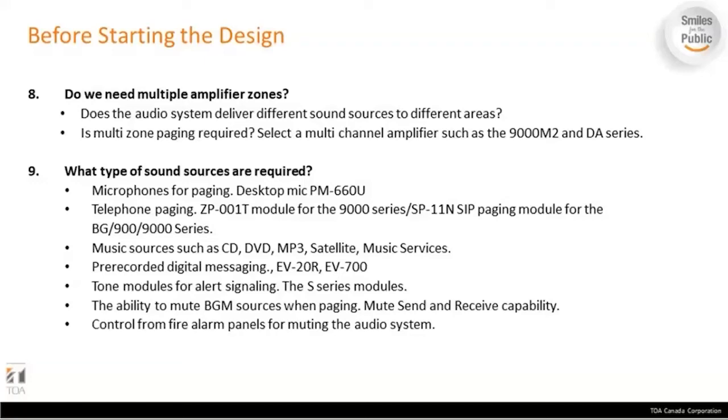Whenever the contacts get closed, the background music will fade out, and this emergency page, which is a pre-recorded digital message, will start playing so that everybody in the retail environment can safely exit. Then we have different modules that can go in the system. Also, we have send and receive capabilities. Then we can control from fire alarm panels with regards to the muting of the audio system.